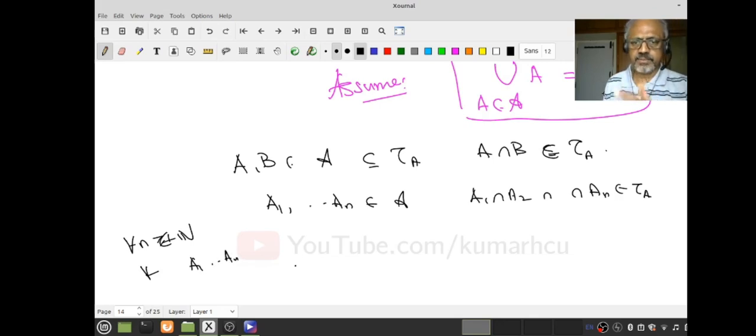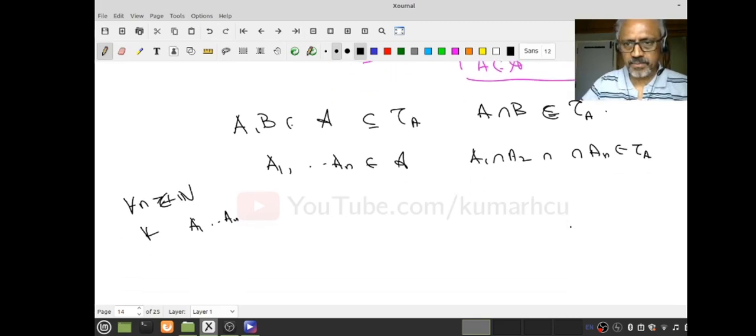You take any n arbitrary elements of A, their intersection should be there. It may be empty. If it's not empty, it's a non-empty set, and it has to be in tau A. Do you all follow that? Now in particular, if I take n equal to 1, that means for every A in script A, the intersection is just A itself.